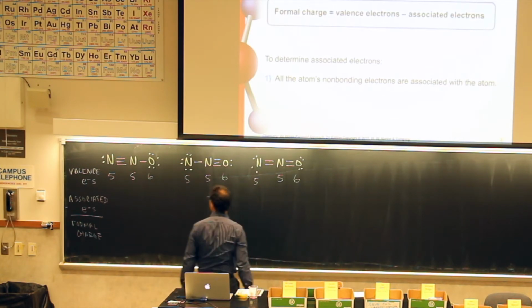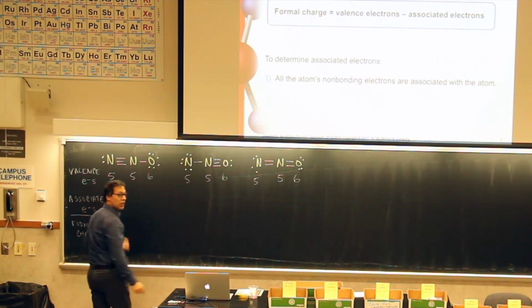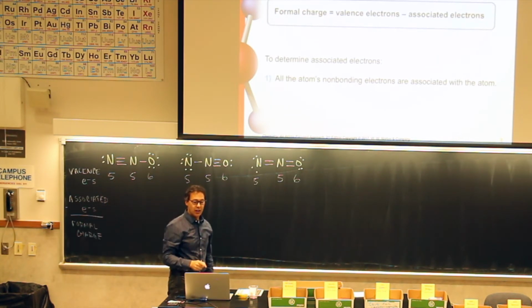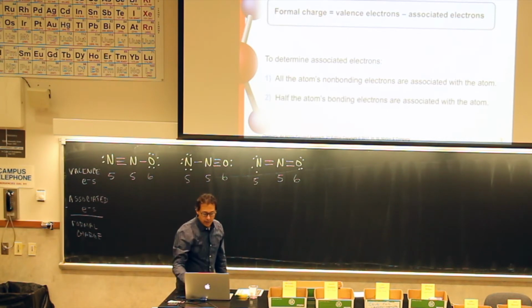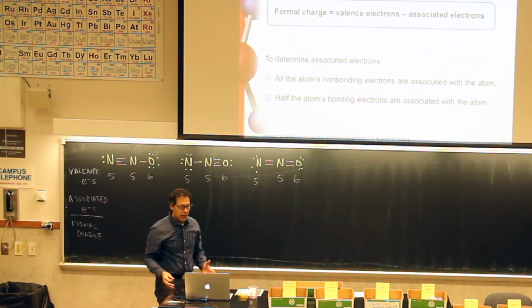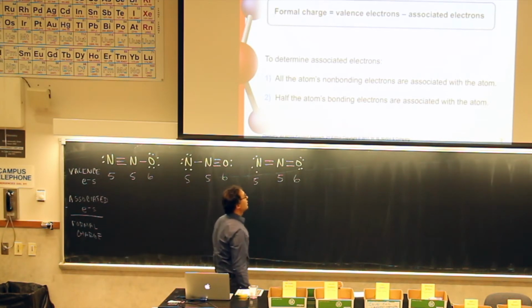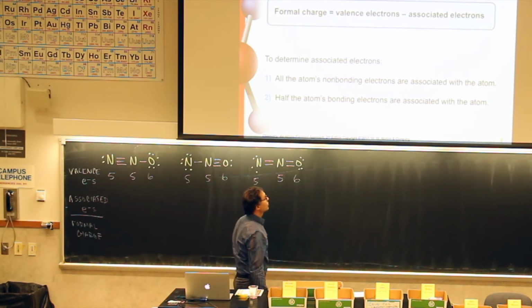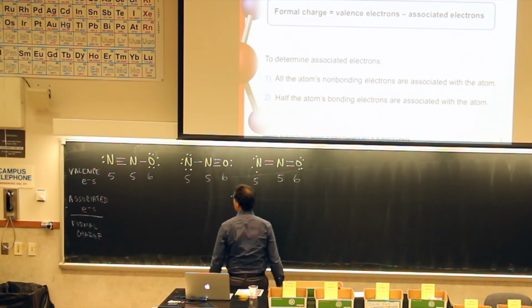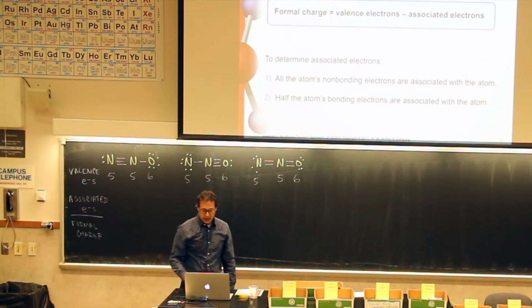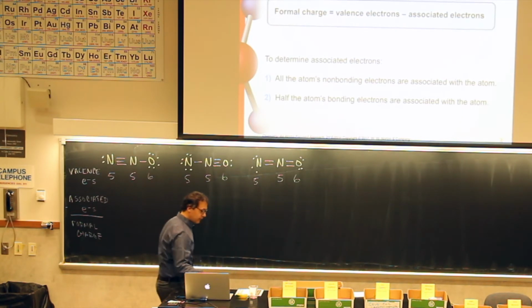Kara, I'm going to need help in just a moment with my associated electrons, so think of somebody. Now, associated electrons: it tells us that half of the atom's bonding electrons are associated with the atom. That's kind of complicated, so here's how I do it.